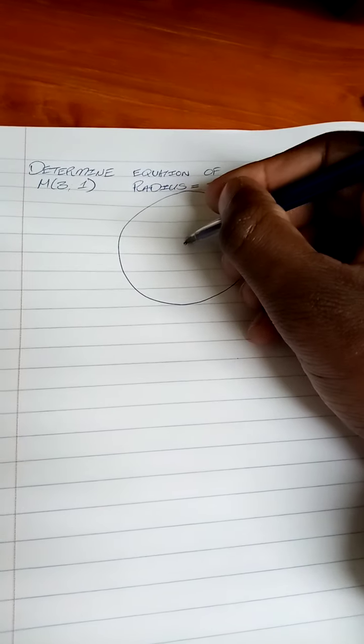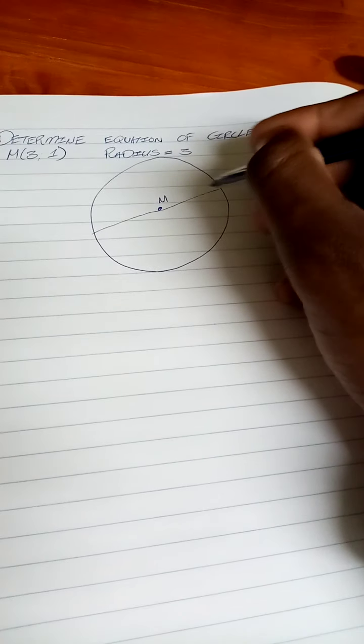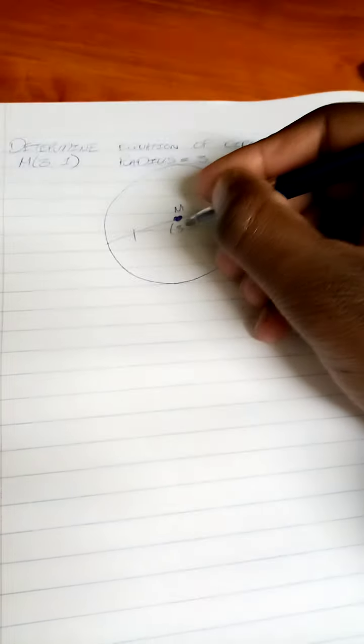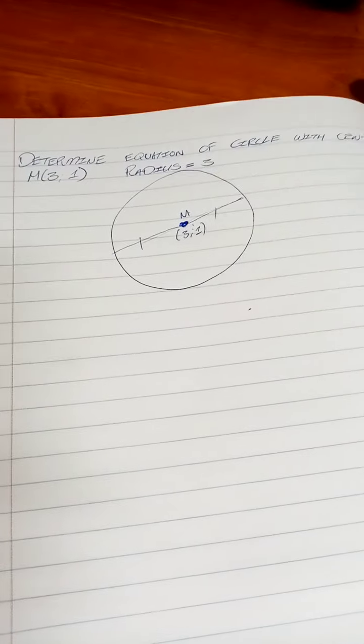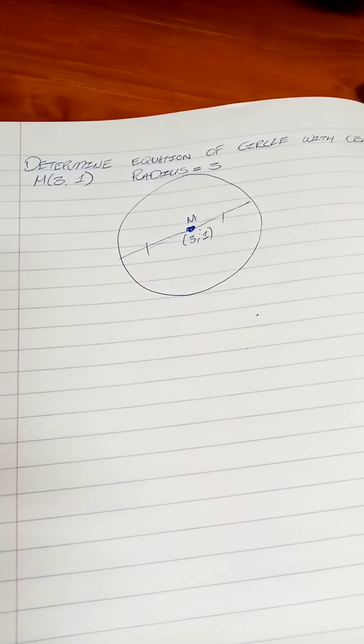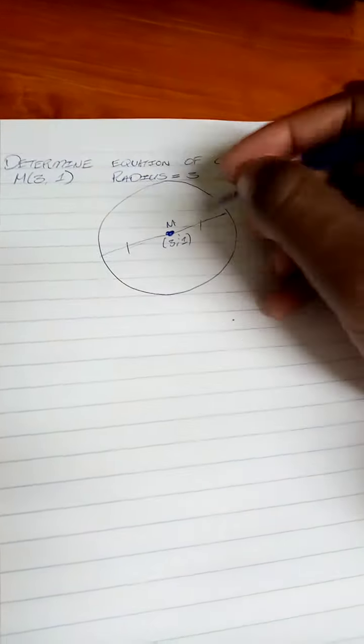The center, we'll just call this M. Why is it M? Because a circle has a diameter, and the diameter is made of two radii, so that's why it's the midpoint. The midpoint is (3, 1), the coordinates according to the Cartesian plane, and the radius is equal to 3.